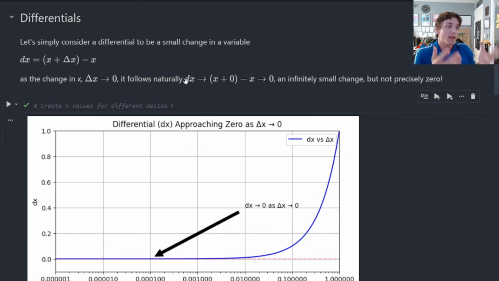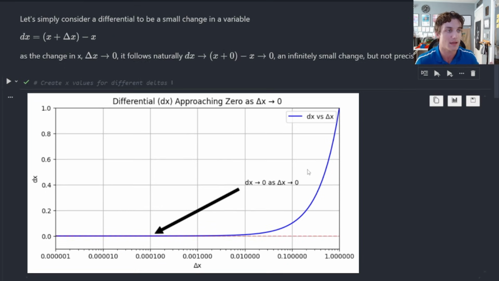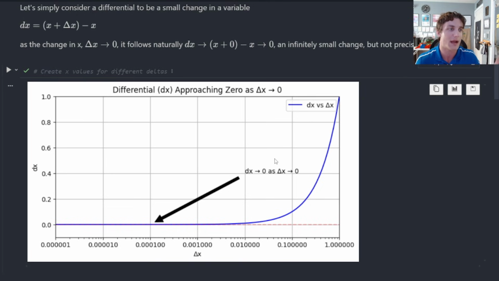Now that we acknowledge that dx is a differential, representing an infinitely small change, we can move on to the Taylor series and better understand why it functions the way it does. Before we do that, I've plotted this differential to show you the idea. As this delta x term gets closer and closer to 0, we can see this blue line, the dx term, this differential, also approach 0.